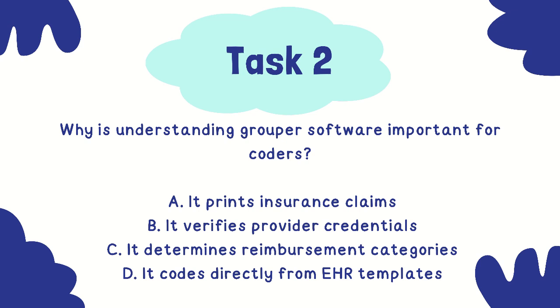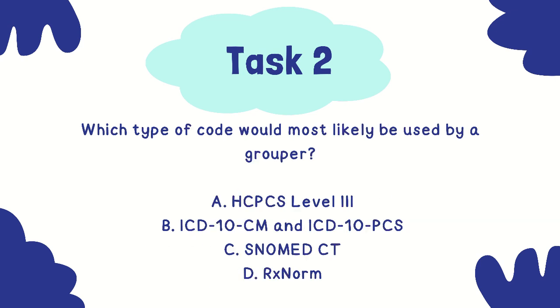The grouper is tied to reimbursement. The encoder does coding. The grouper groups the codes together to give us that APC or DRG, which is tied to reimbursement.